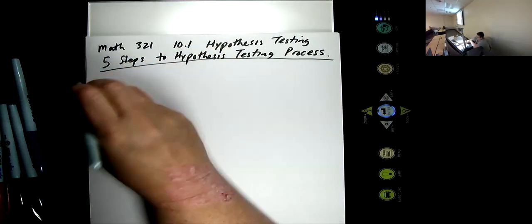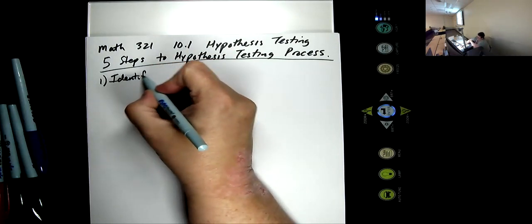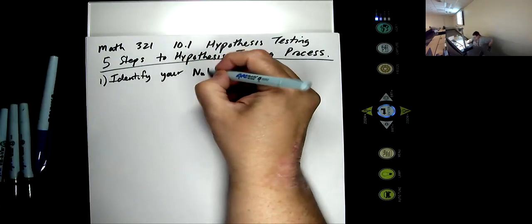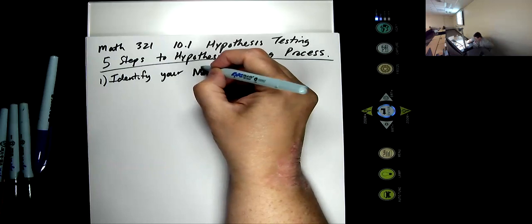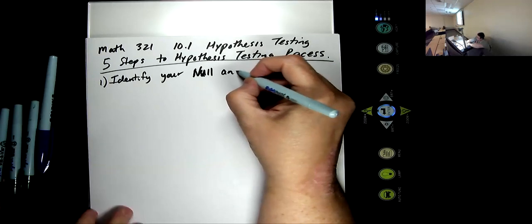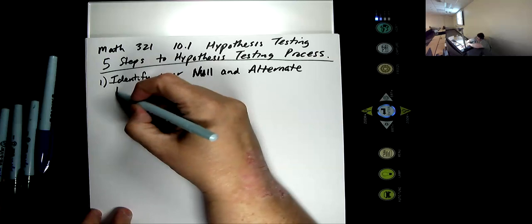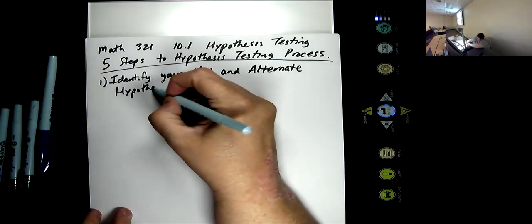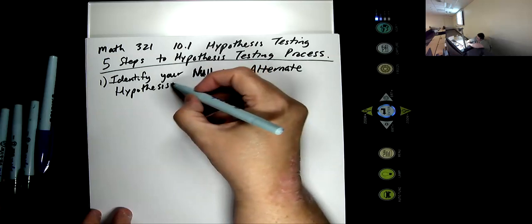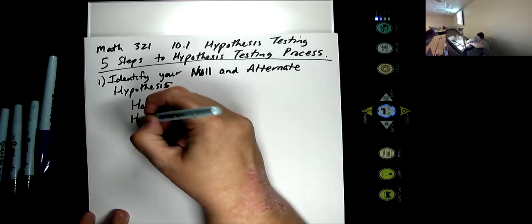Let's see, the first step is identify your null and alternate hypothesis. You will have H naught and HA.